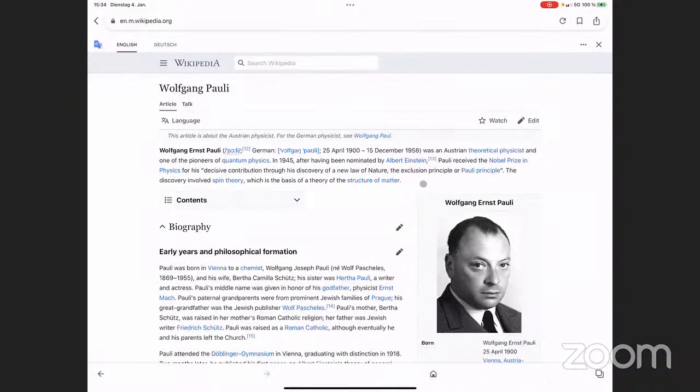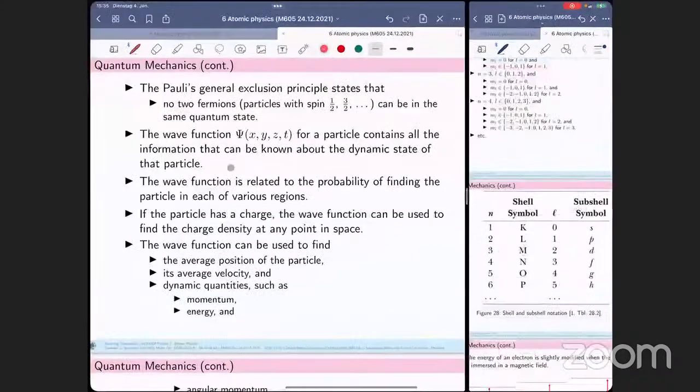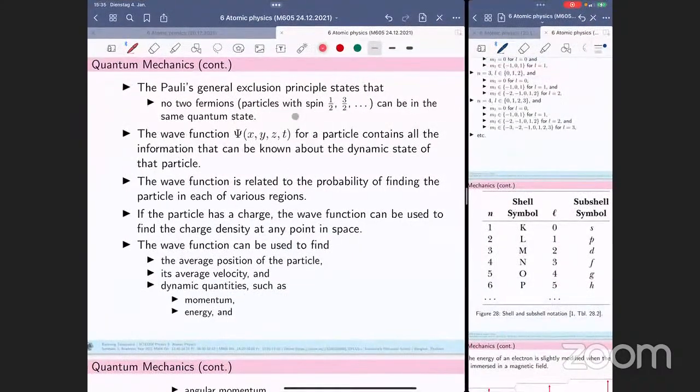Actually it's the exclusion principle, or simply merging these two words, it's called the Pauli exclusion principle. Okay, let's talk about his life. He is an Austrian who studied physics and works in physics, and he is a leader in quantum physics.